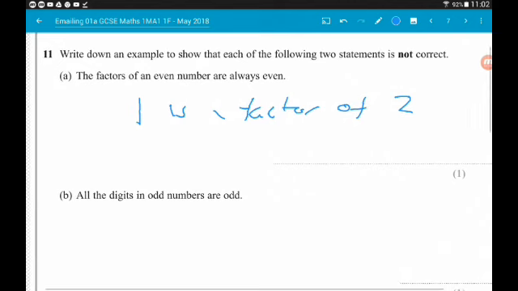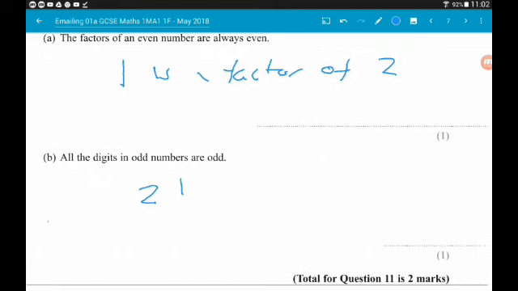Okay, and then B, all the digits in an odd number are odd. So let's say 21 is an odd number, but 2 is even.